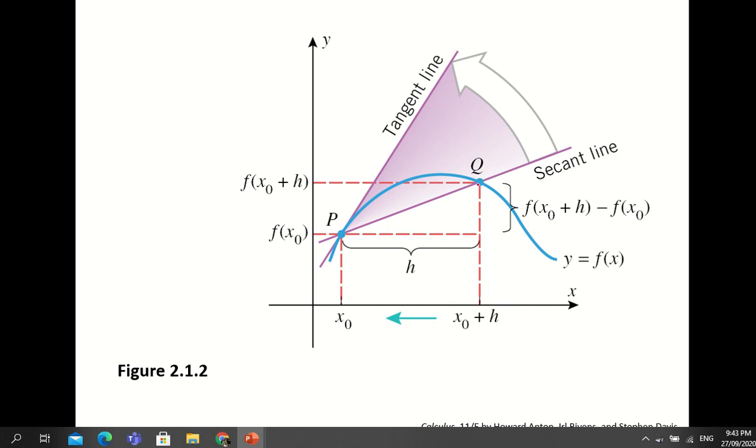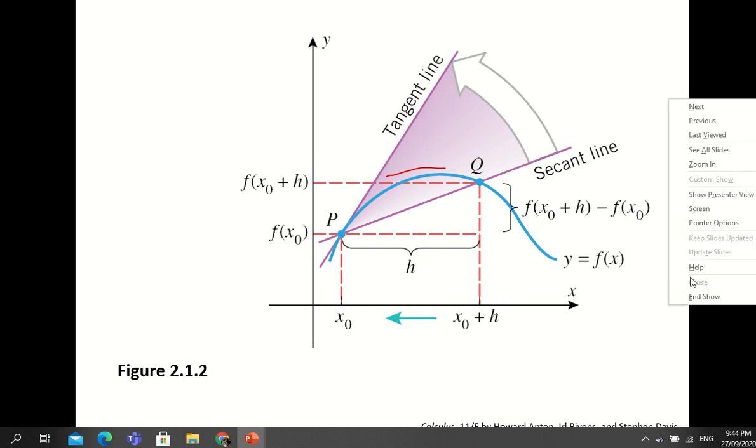So as point Q approaches point P, the secant line approaches the tangent line. In other words, the limit of point Q is point P, and the limit of the secant line is the tangent line. Alright?